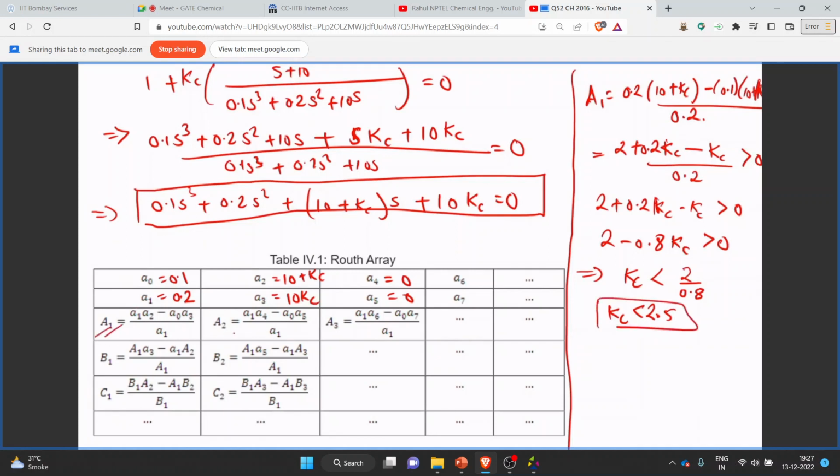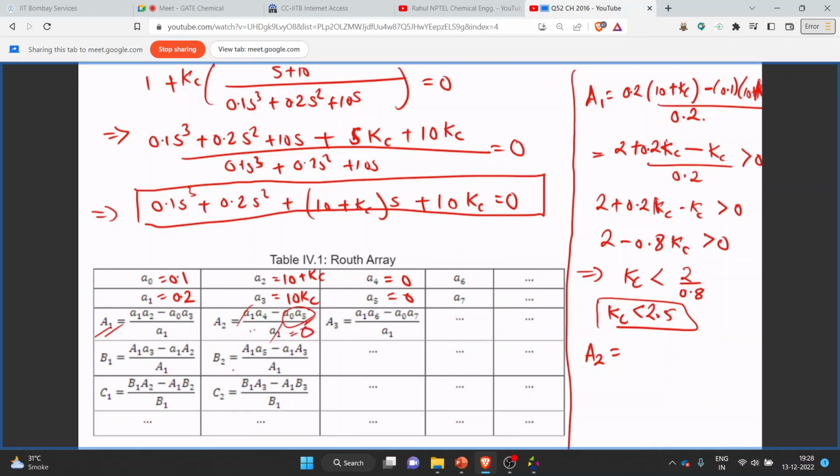Now we need to find the value of b2 so that we can find the value of c1. So b2 will be this, a5 is 0, so this term will become 0 and a1 will get cancelled out and we will be having a4. So a4 is also 0, that is b2 will be 0.